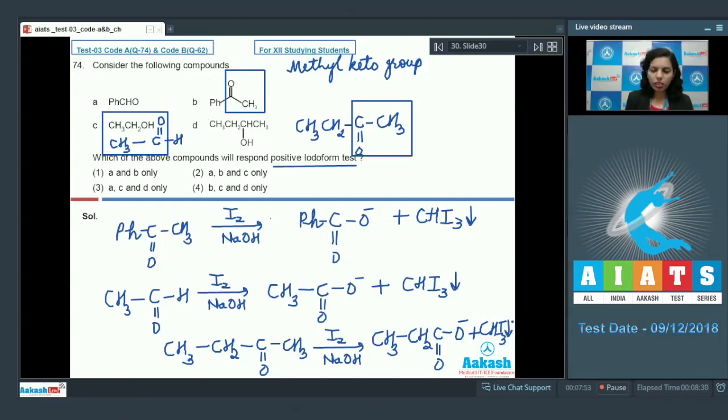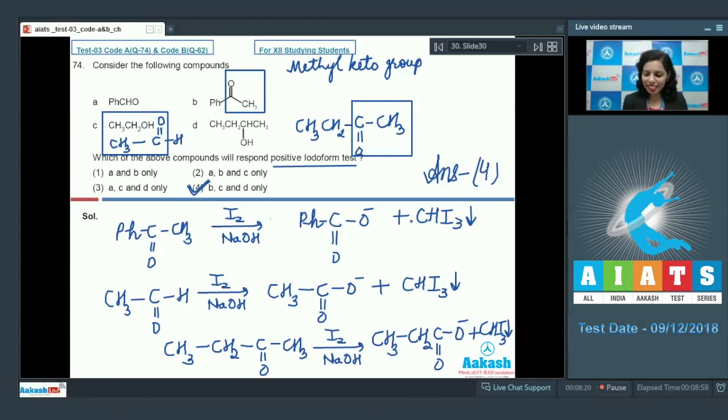And further, if we talk about A, that is PhCHO, benzaldehyde, this will not respond positive iodoform test. It means all three compounds given in options B, C and D are doing so. That is why option 4 is the correct one for this particular question, because these three compounds are showing positive iodoform test.